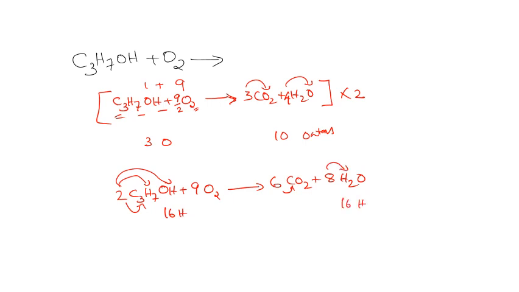And how many oxygen? 2 and 18, so total 20 oxygen atoms, and here how many? 12 and 8. So 12 plus 8, I have 20 oxygen atoms, so it is balanced.